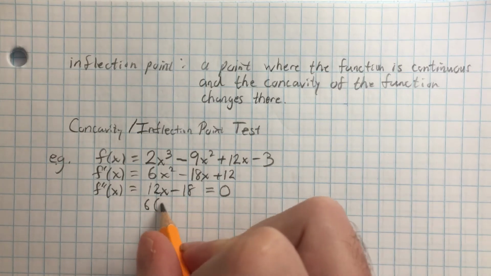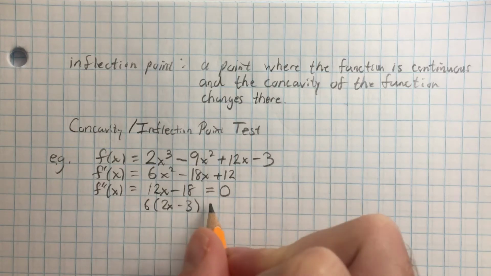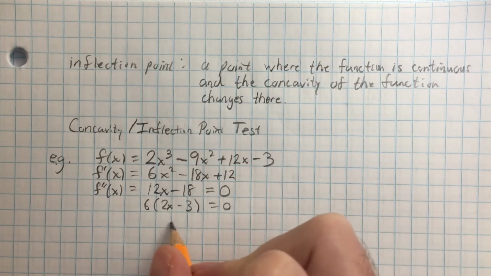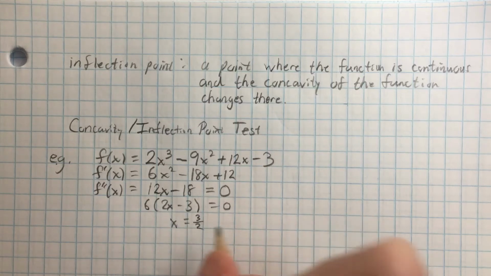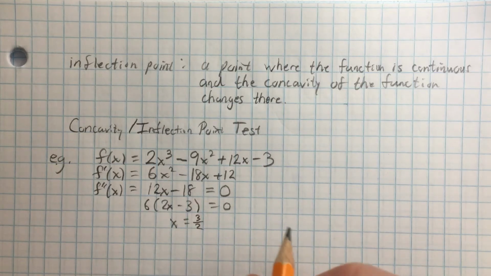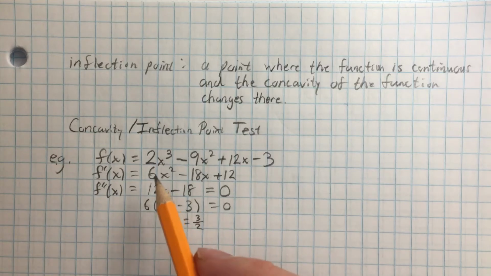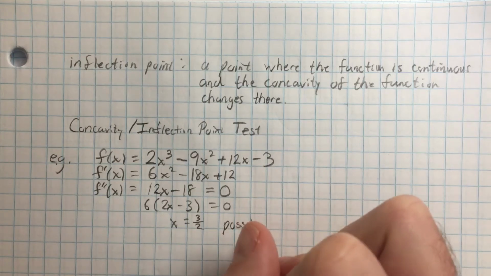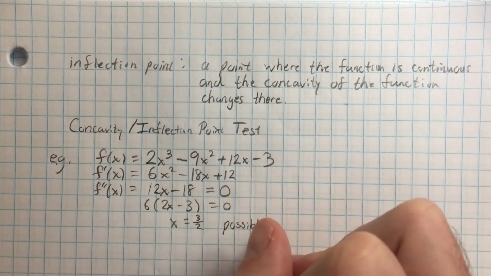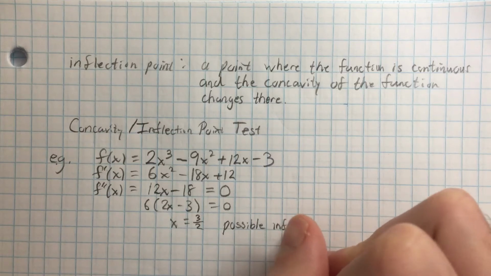So we'll have 2x minus 3, I guess. And then that implies that x equals 3/2. All right, this is not a critical point. The reason it's not a critical point is because it did not come from the first derivative, it came from the second derivative. So what I'm going to call this now is just a description. It doesn't have any special name per se. I'm going to call it a possible inflection point.